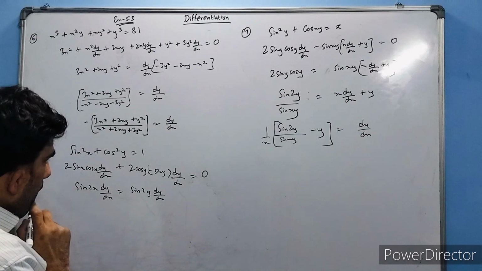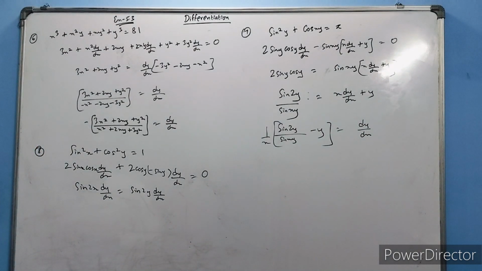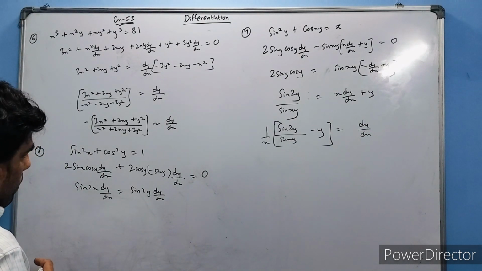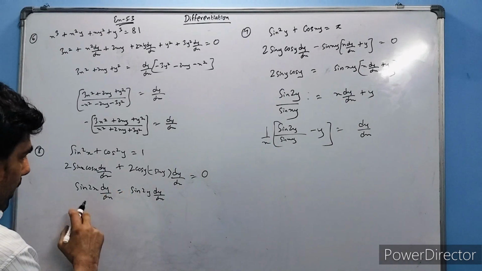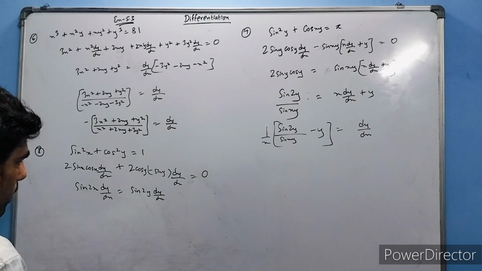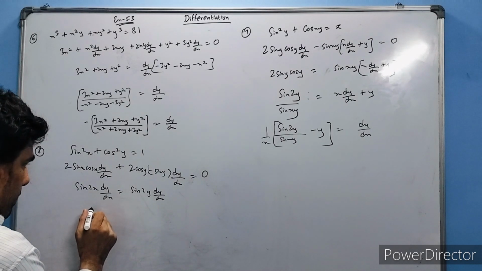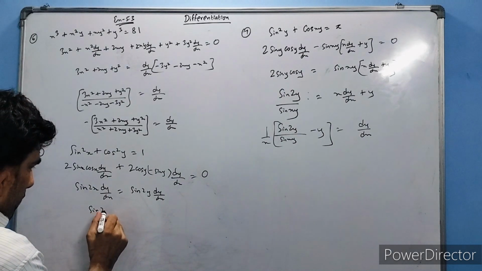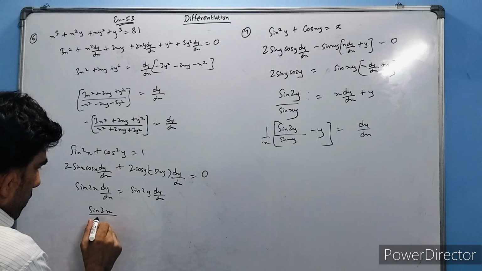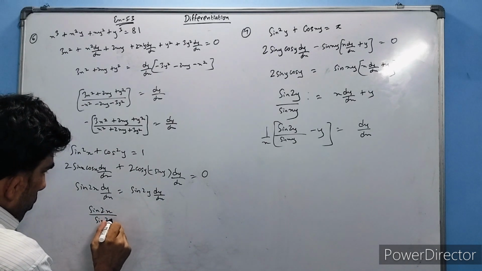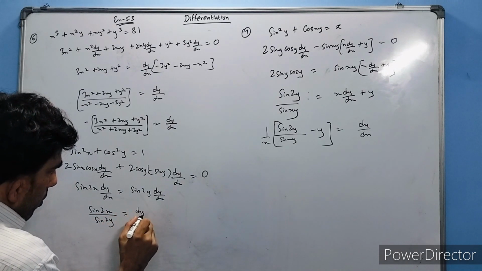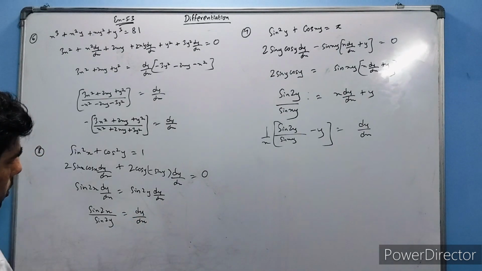So now we both have dy upon dx. What will happen then? Divide them. So I got here sin 2x upon sin 2y is equal to dy upon dx.